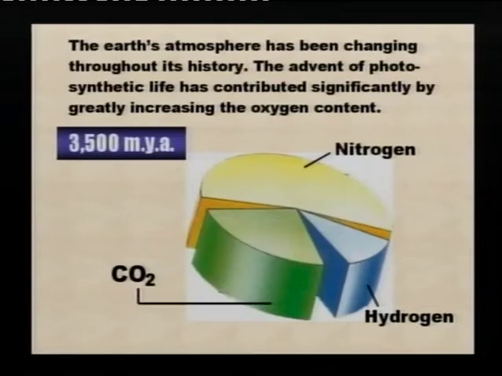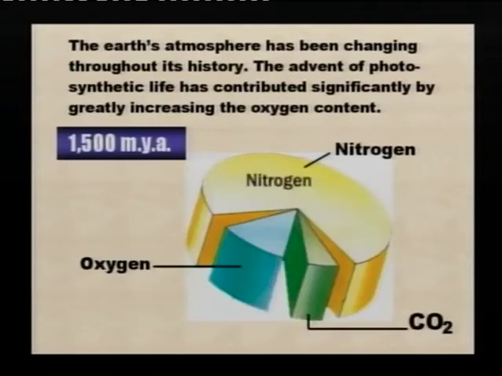We also looked at 3,500 million years ago, the change in the proportion of those 3 gases: nitrogen, hydrogen, and carbon dioxide. And then 1,500 million years ago, nitrogen, oxygen, and carbon dioxide.